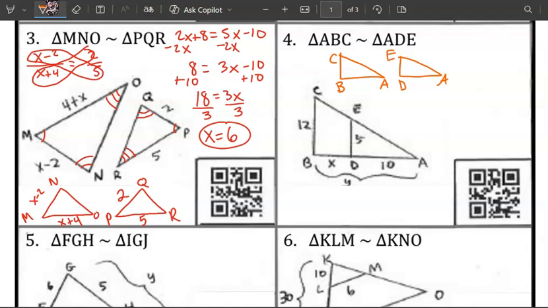And let's write out the correspondings. A goes with itself. B goes with D. And then C goes with E. All right, so notice that Y equals X plus 10.